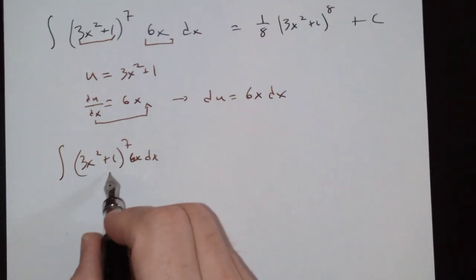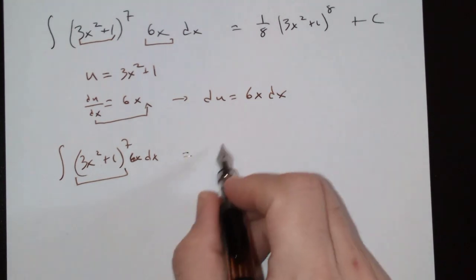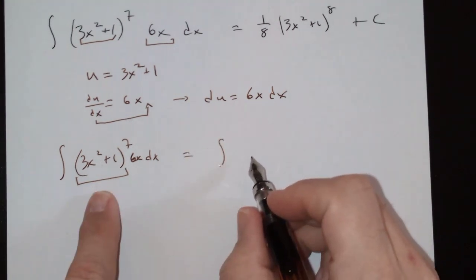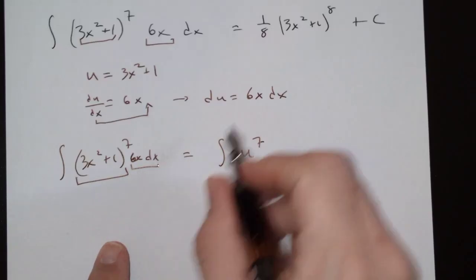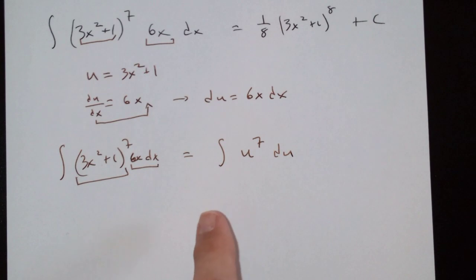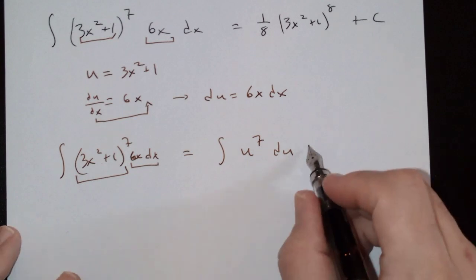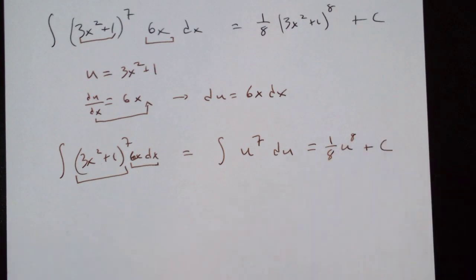So this here, what does that become? And then this whole expression, wait a minute, that's an integral that's a piece of cake because that's just power rule. Integral of u to the 7th is 1 on 8 u to the 8th plus c.